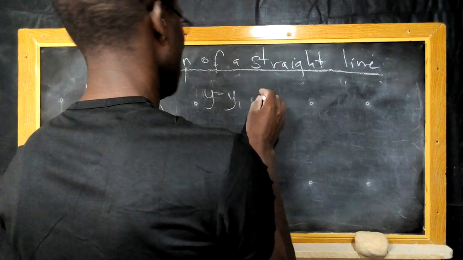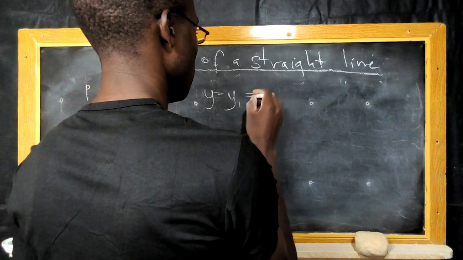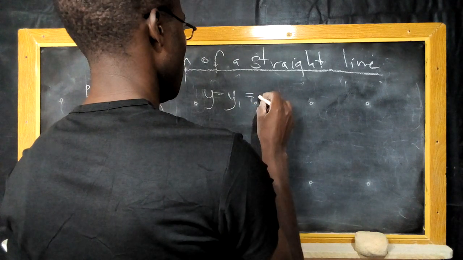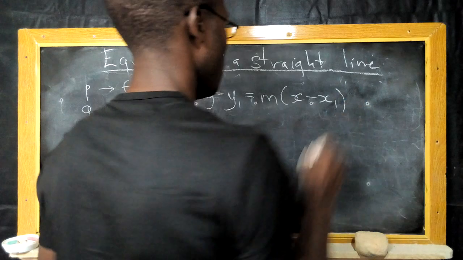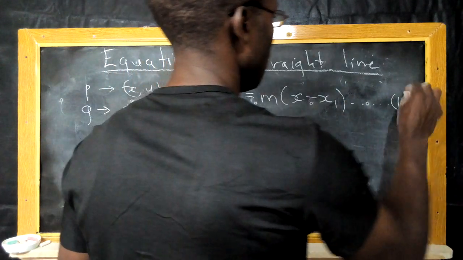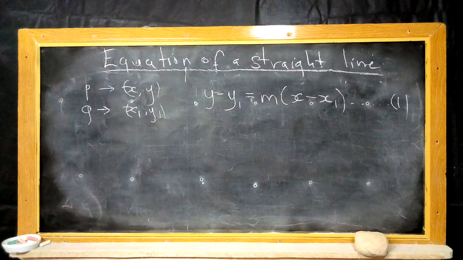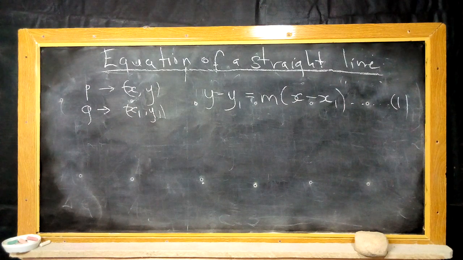This is absolute value, so it can go either direction. So y minus y1 equals m into x minus x1. So this is equation 1, illustrating the equation of a straight line.